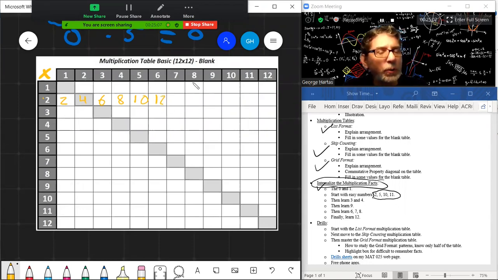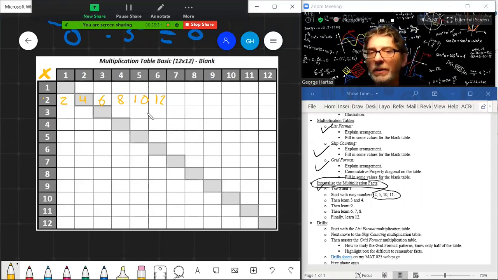You could do it this way, which I would recommend, because doing it this way solidifies the path of multiplication. Or you could do it as 2, 4, 6, 8, but I would do that 2, 4, 6, 8 thing earlier using the list method, the skip counting method.